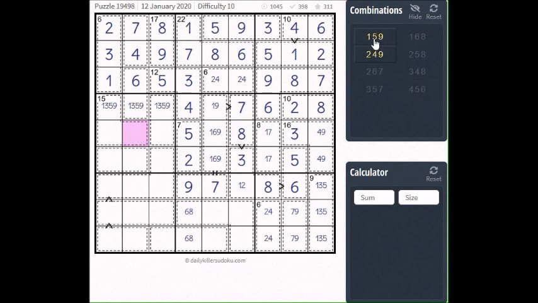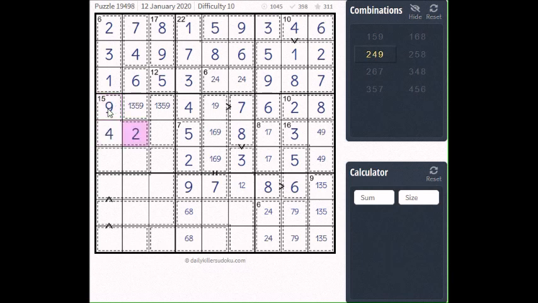So could it be 159? Note that if it is 159, then the two remaining cells here would be 3, which is not possible. The 159 will exclude the 1 5 and 9 from here, and the remaining possibility here would be a 3. So it's not 159, so it is 2 4 9.